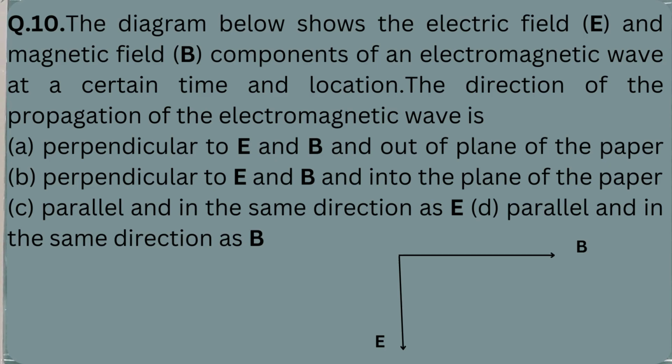Tenth, the diagram below shows the electric field E and magnetic field B components of an electromagnetic wave at a certain time and location.